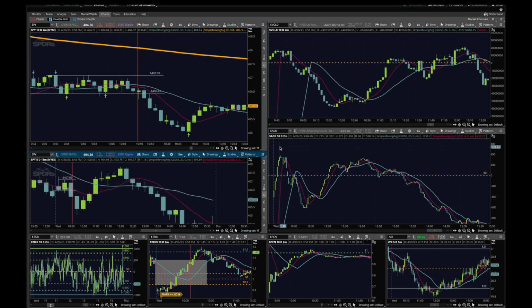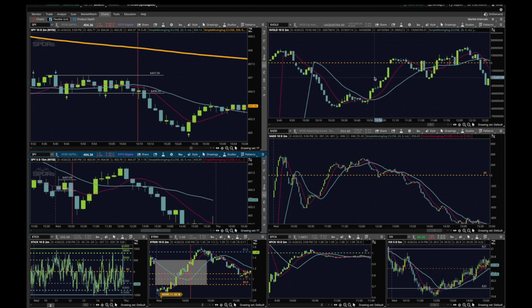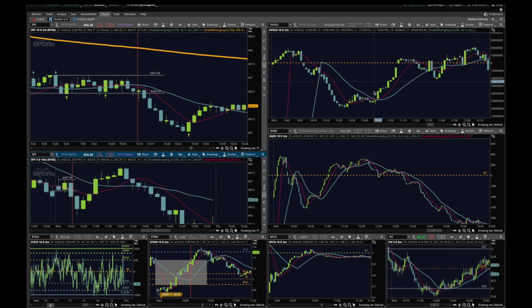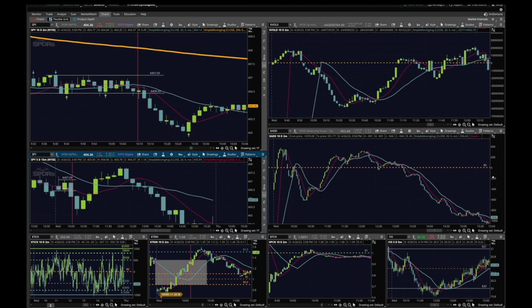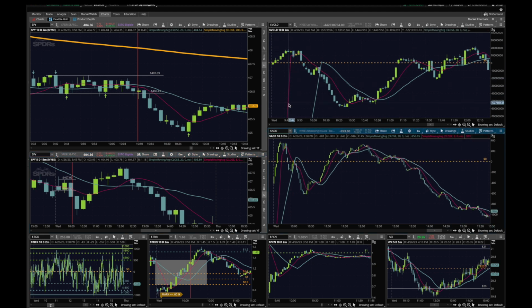Okay, so now we're going to take a quick look at what the volume and the momentum of the market is, right? So we're going to check the VOLD and the ADD charts. You can see here at 10:10, a couple important things have already occurred.